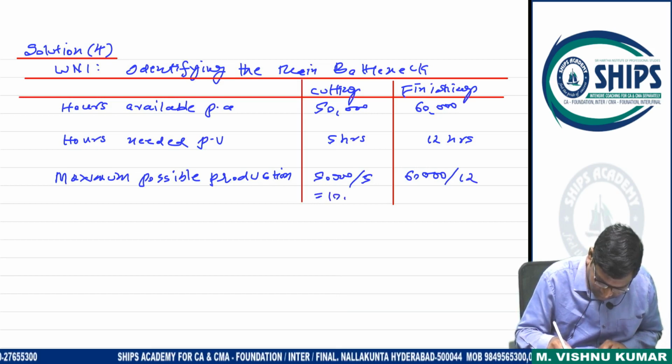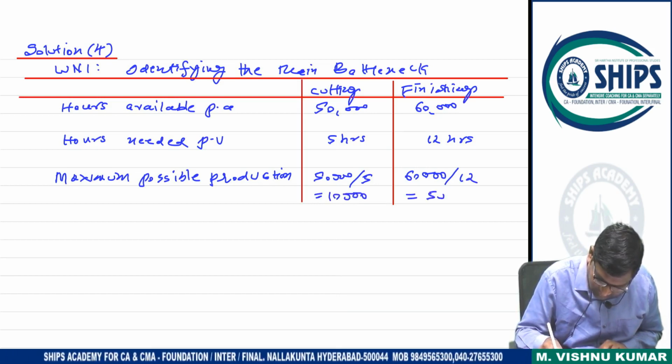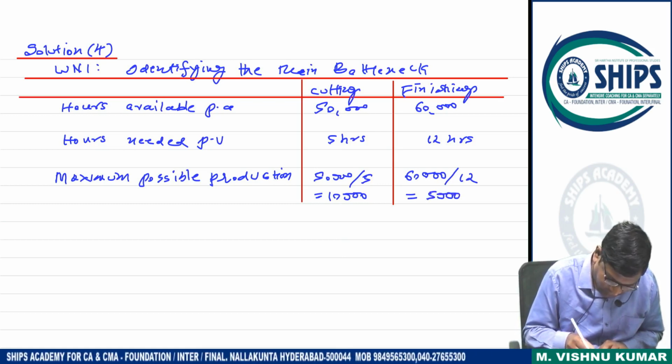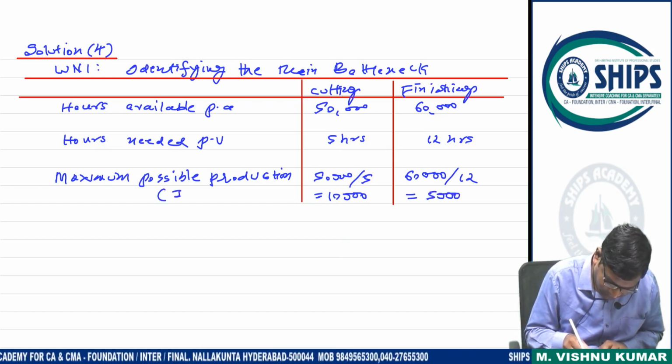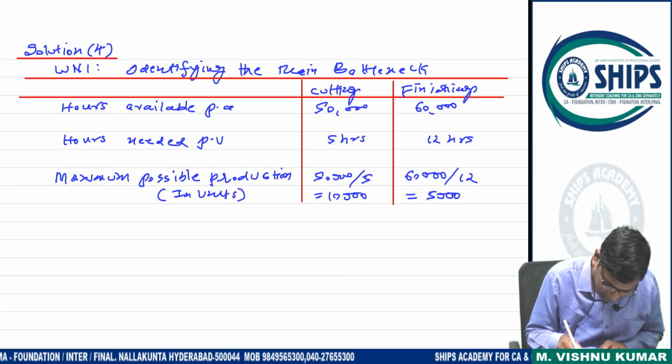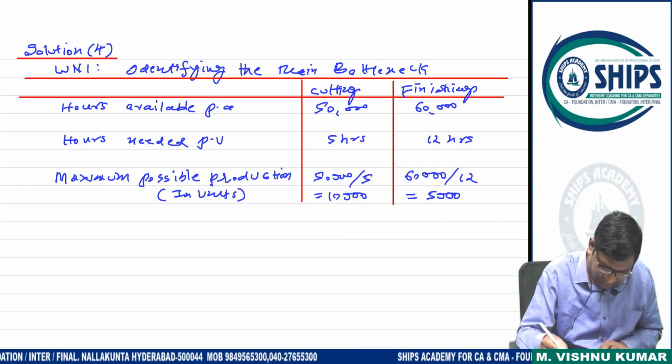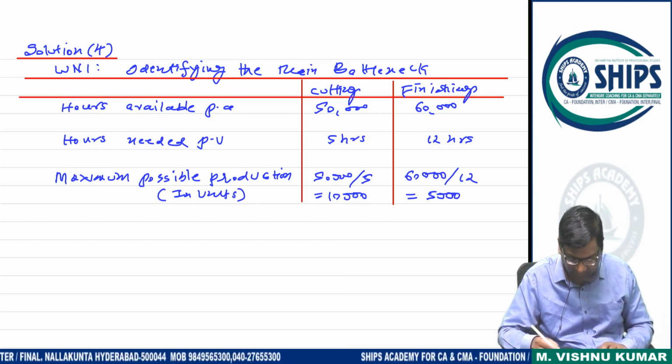So this is 10,000 units. This is 5,000 units. So this is the maximum possible production.